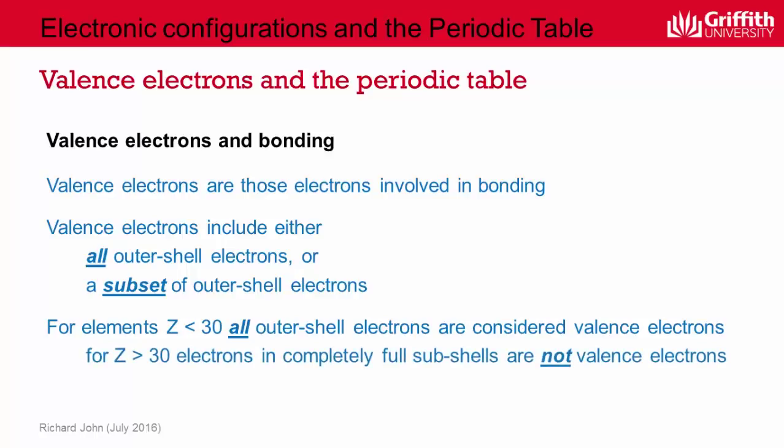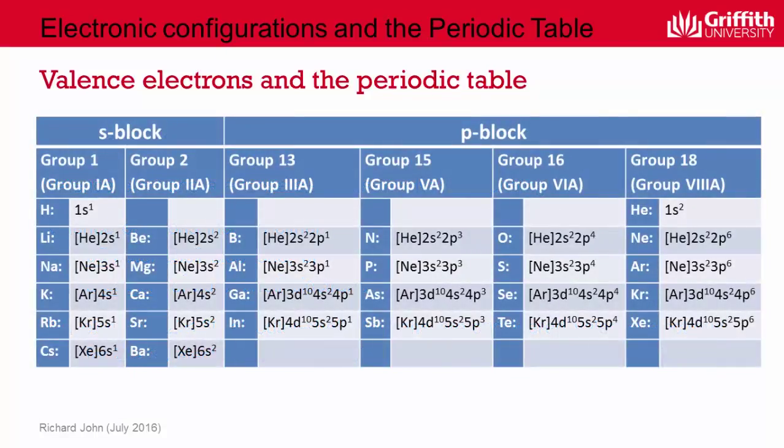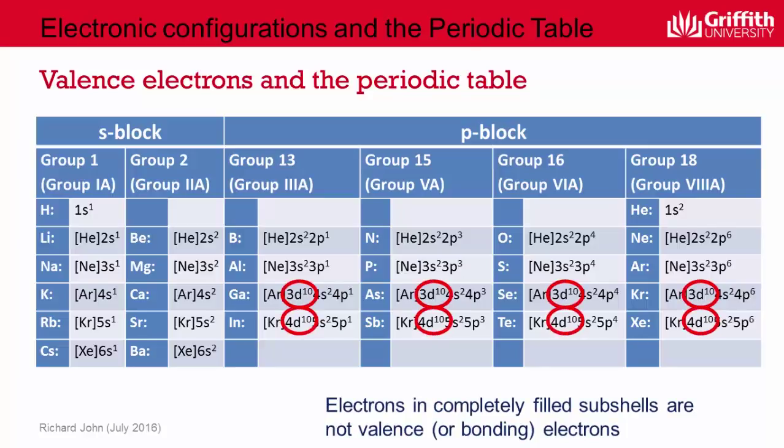For elements with an atomic number greater than 30, electrons that are in completely full subshells are not considered valence electrons. And so we can see, going back to this table here, all of these electrons here in the filled d subshells would not be considered as bonding electrons or as valence electrons.